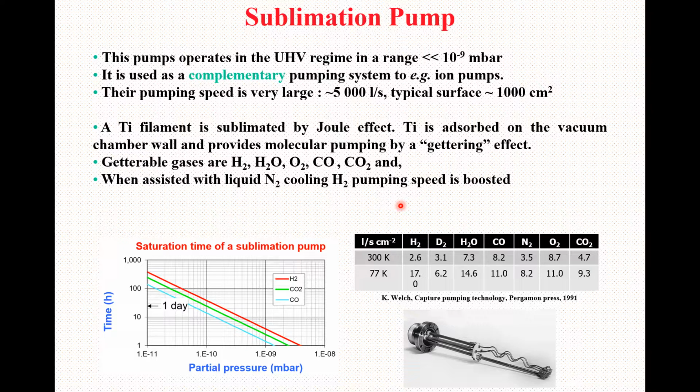This is a special case. Here you can see that we have mentioned the speed, that is liters per second, and also the area, that is per centimeter squared. We also have the temperatures. At 300 Kelvin, you can see the speed for hydrogen, deuterium, water vapor, carbon monoxide, nitrogen, oxygen, and carbon dioxide.